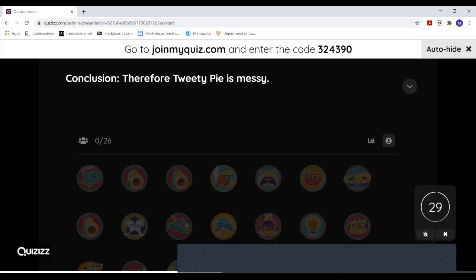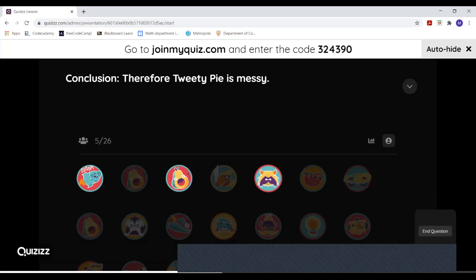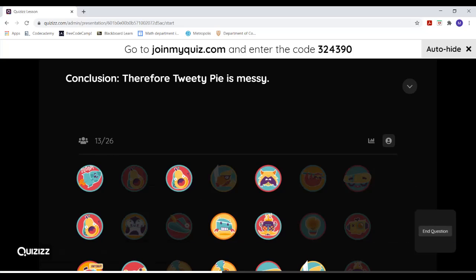And therefore, Tweety Pie is messy. So now we want to know, is this a P or Q statement? If we remember correctly, P was the pigeon statement, Q was the messy statement.